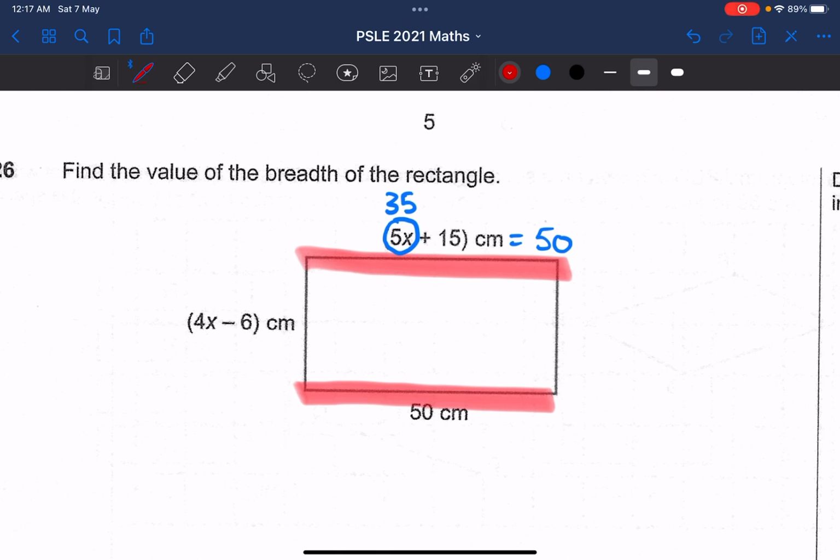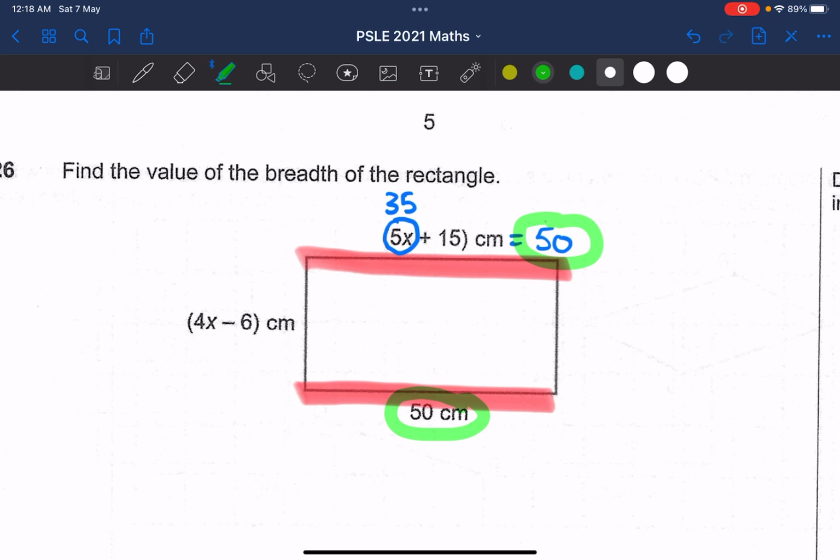Okay, now for this question, I remember us going through that during the chapter on algebra, right? And you were able to solve it. The key idea is these two must be the same, right? Because they are the length. Length must be equal to the length.